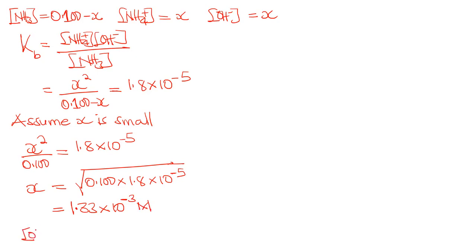We can say that the concentration of OH minus is equal to 1.33 times 10 to the power negative 3 molar.